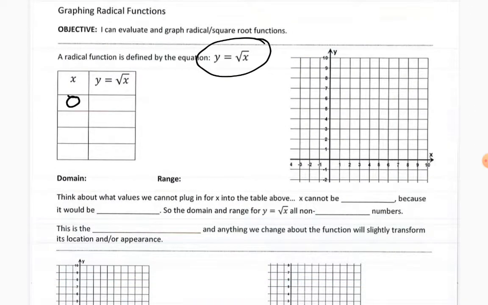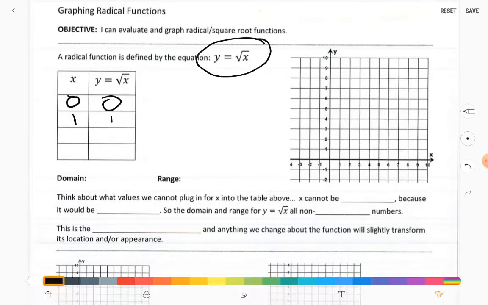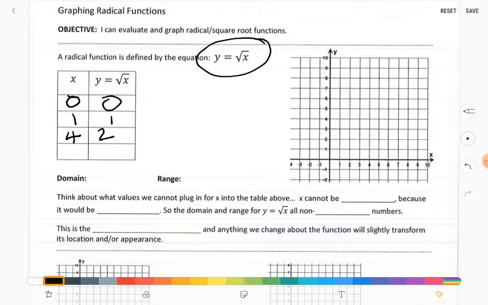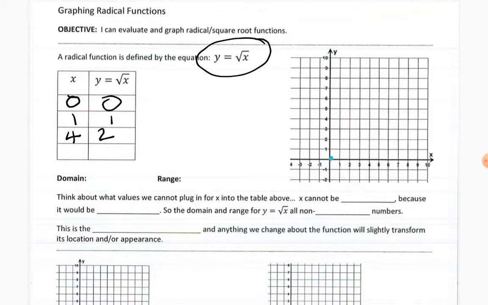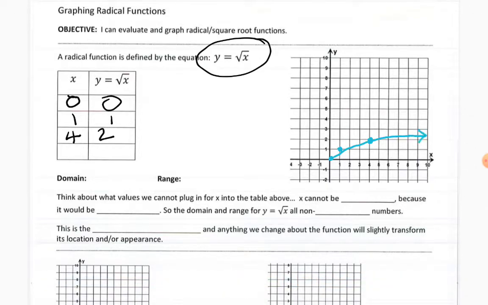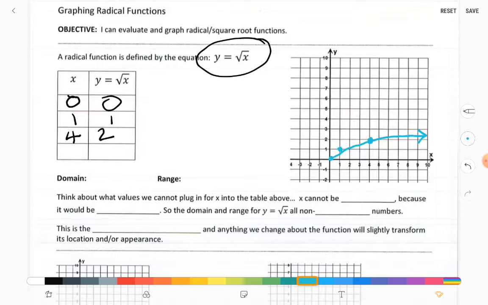So we had 0, 0, 1, 1, and then what was it? It was 4, 2, not 2, 4. So if we graph these on the graph, we would have a point here, a point here, a point here, and then remember, these are continuous, so we want them to keep going.